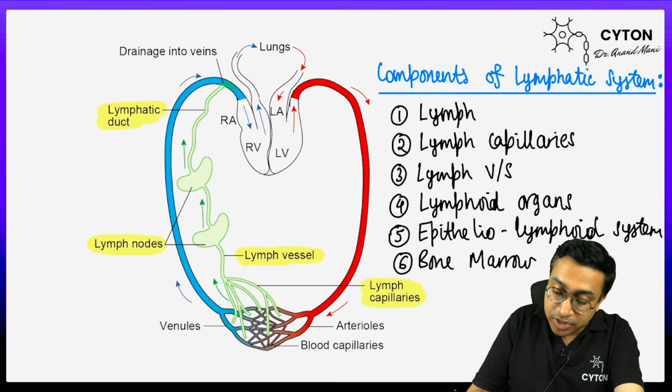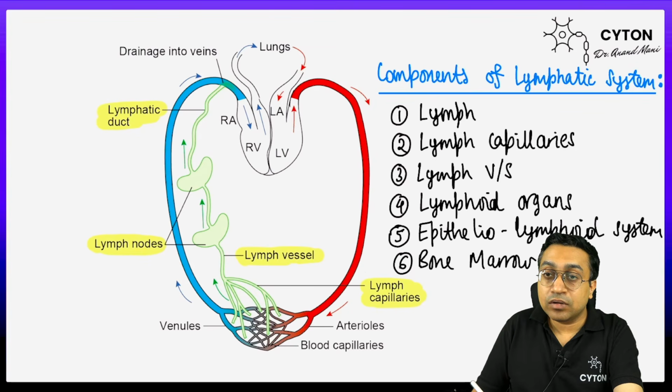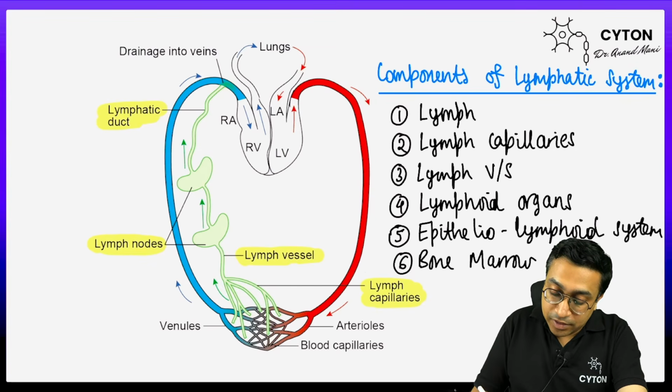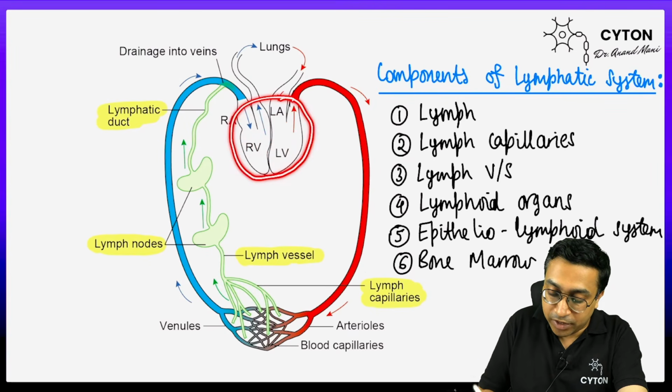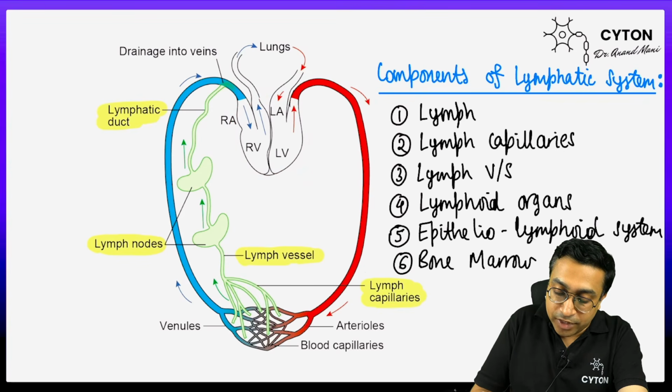So you can appreciate what is happening here. If you notice, this is the right atrium, left atrium, right ventricle, left ventricle. So this heart is shown here, and you can see connection to the lungs is shown here. This is the lungs.